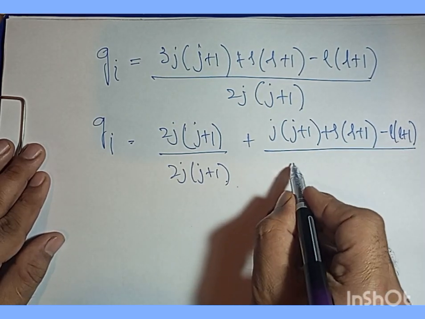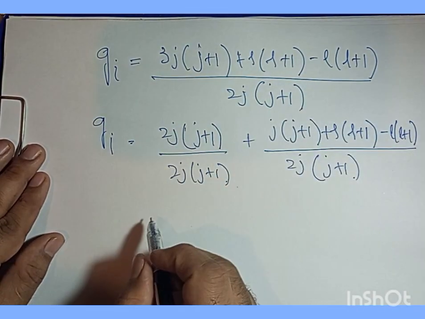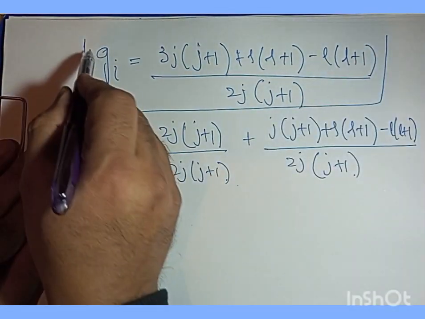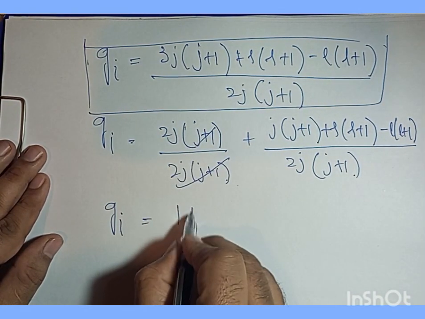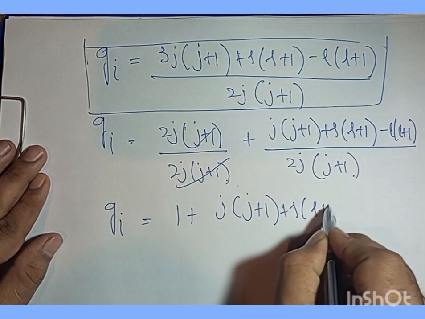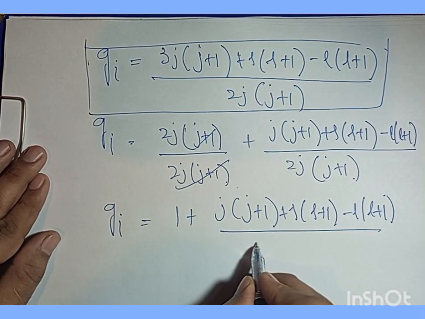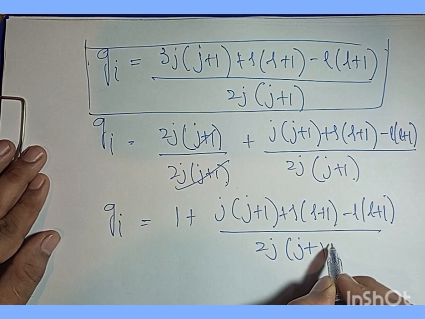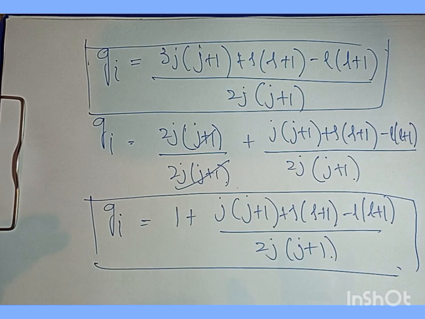This will also have the denominator 2j times j plus 1. If you add the 2, you'll get the same thing. So the Lande splitting factor g will be 1 plus j times j plus 1 plus s times s plus 1 minus L times L plus 1 divided by 2j times j plus 1. So that's the end of the story. What we have done is we have achieved the expression for the Lande splitting factor.